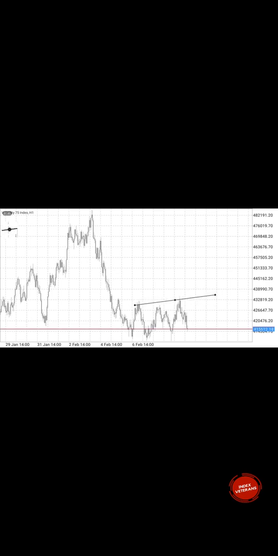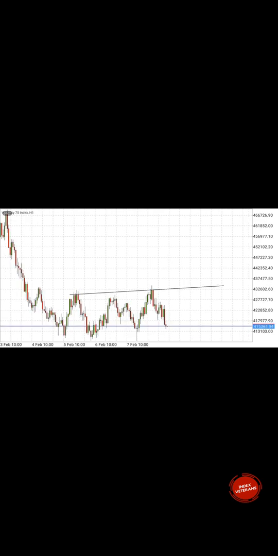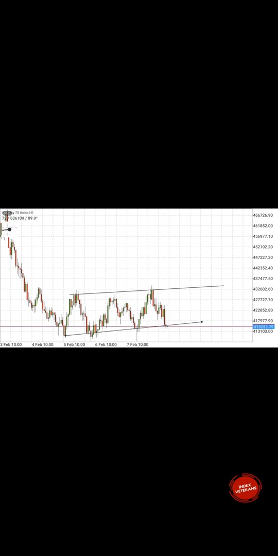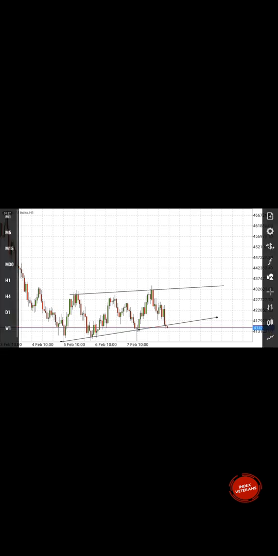So let me draw the lines here, the trend lines. Always place your trend lines on the body bones, not on the weak bones, guys. I'm trying to remind you on that, on the body bones, not on the weak bones.